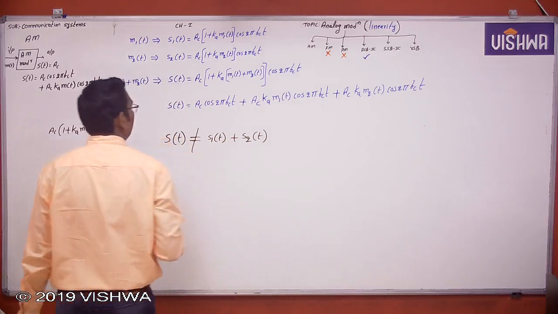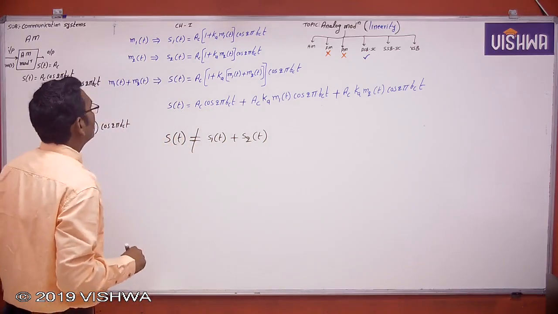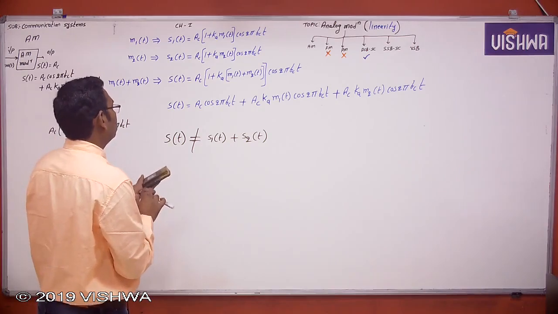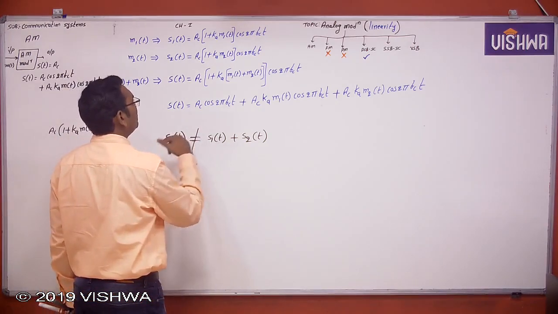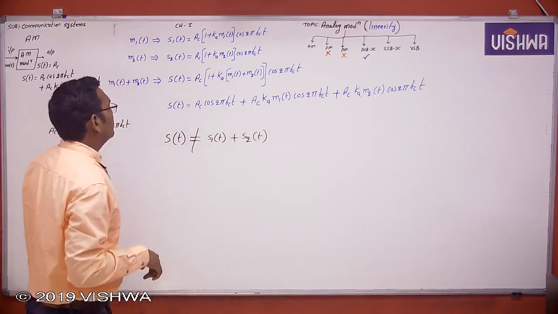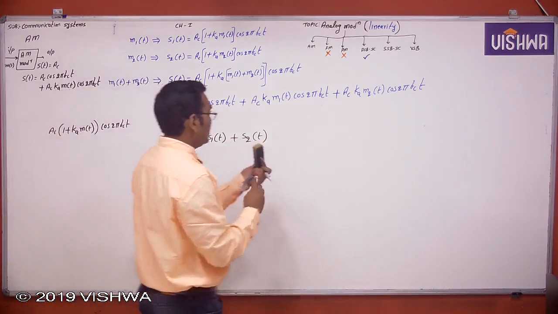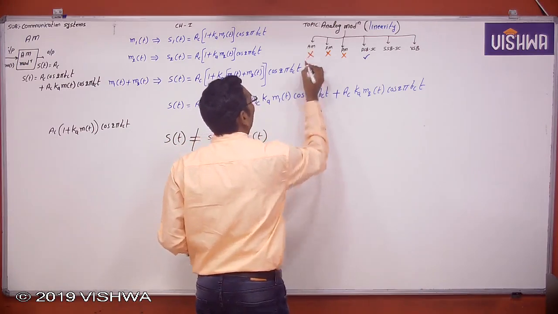Now this s of t is not equal to s1 of t plus s2 of t. So AM is also a non-linear modulation.